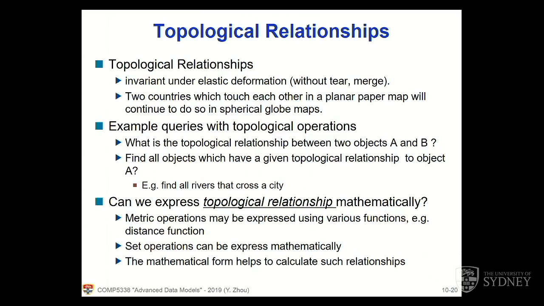Not like the others, for set, we can just reuse the set operation. And then for the metric one, we can use other math operations. But this is a bit hard.